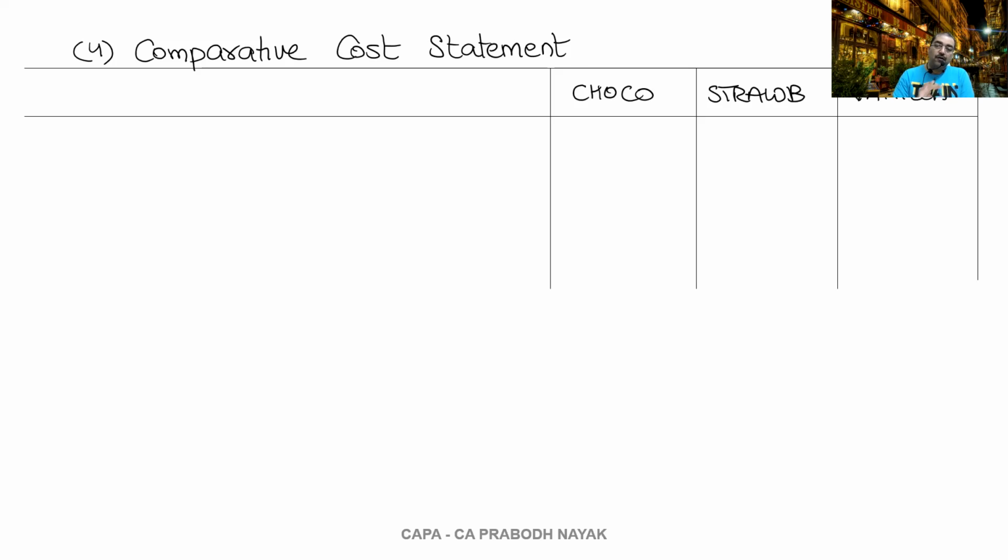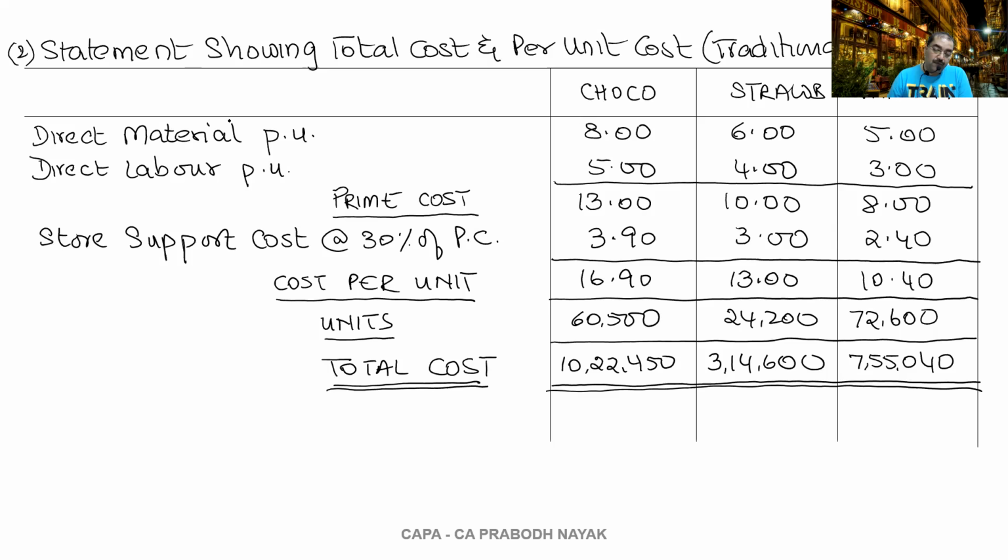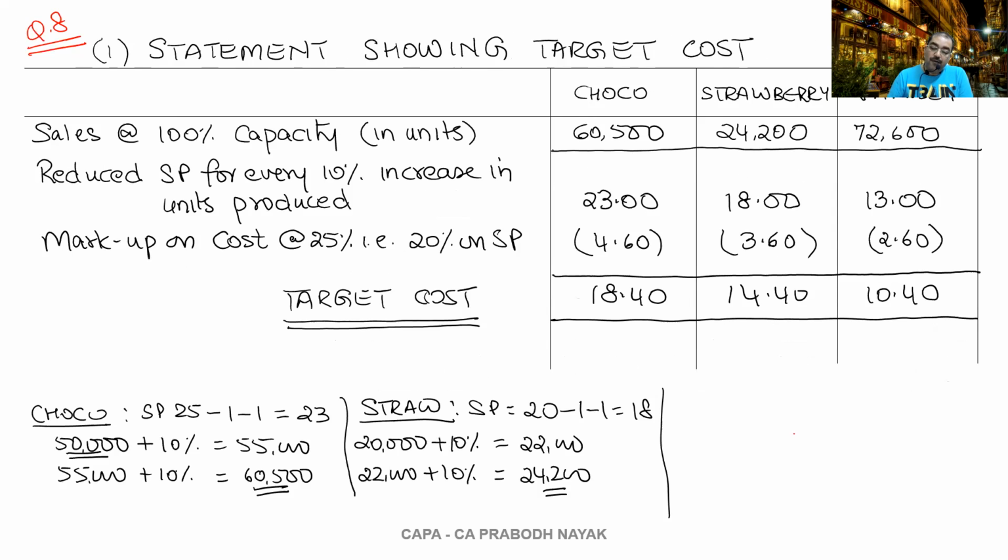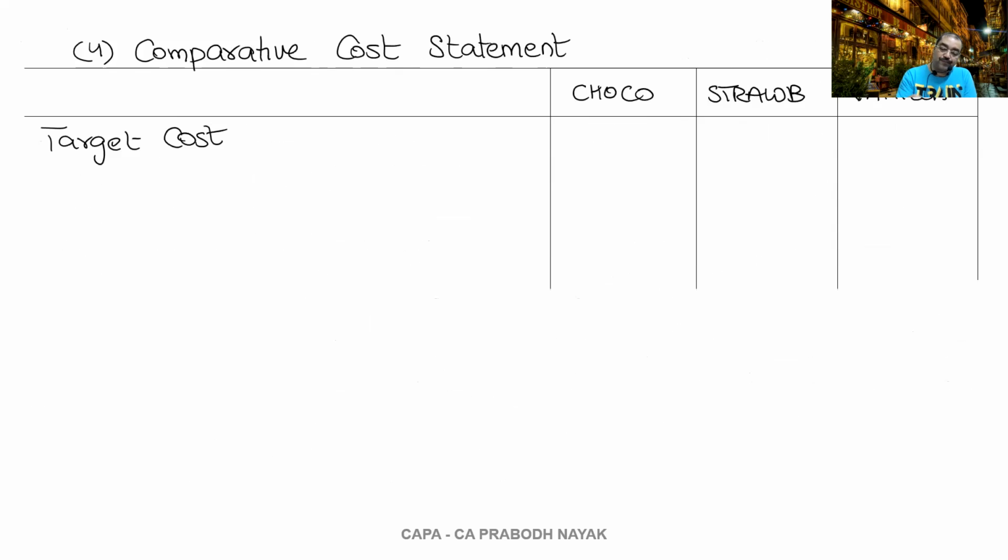Here I write down all the three methods by which we have calculated the per unit cost and compare. First we calculated target cost. So target cost, what are the three figures? 18.4, 14.4 and 10.4.